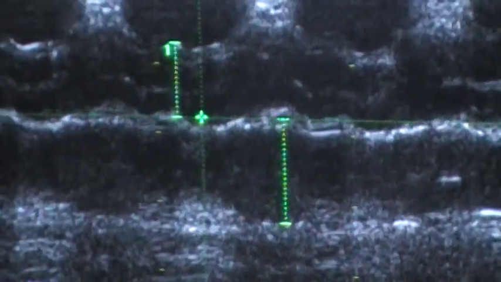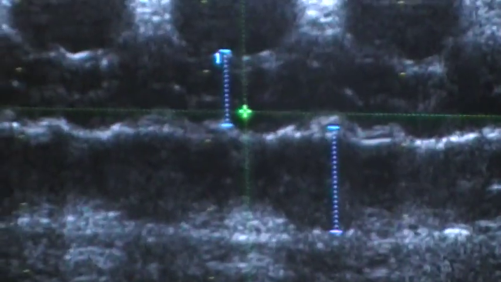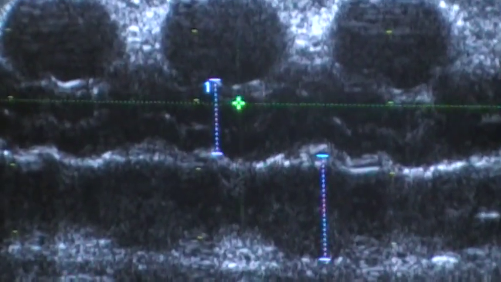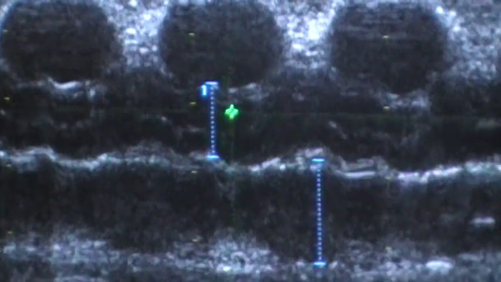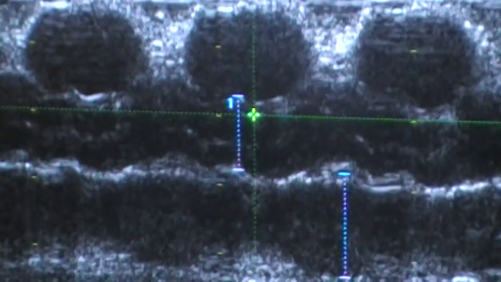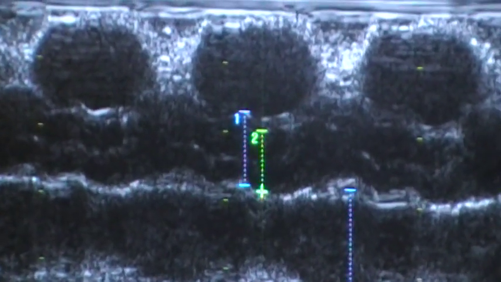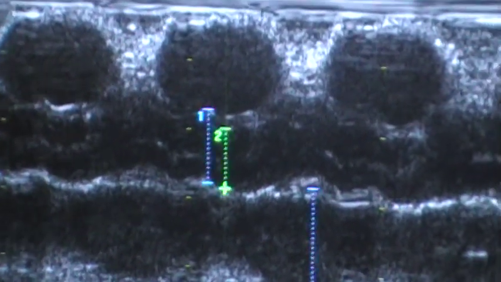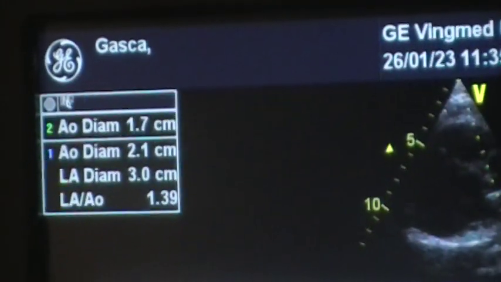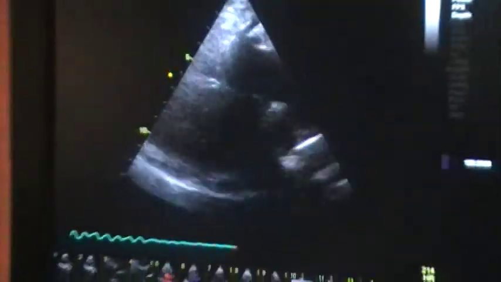And then the valve opening itself, your aortic cusp separation, this is the right coronary cusp, and the non-coronary cusp is here. So you measure from the initial opening of the right cusp down to the non-coronary cusp there. And it gives you just how wide that valve's opening. Okay, so that's the M-mode that you would do.